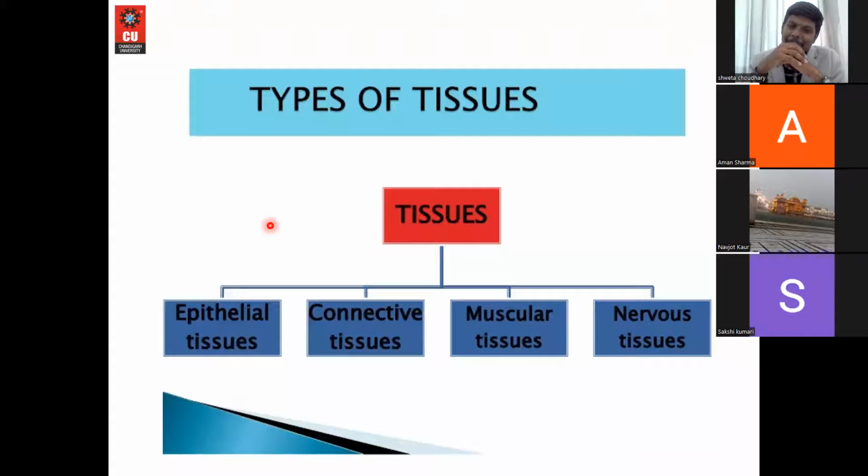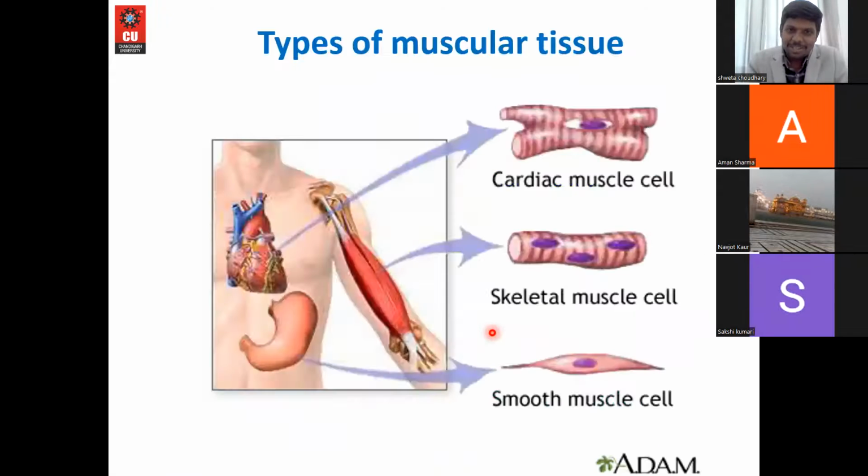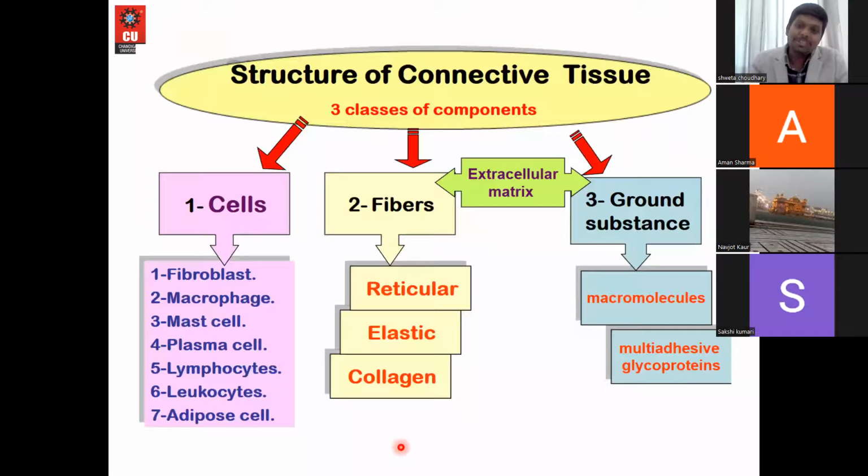The third one is the ground substance. In the ground substance you have macromolecules, like glucuronic acid, which are mucopolysaccharides. Not glucuronic acid alone, glucosamines also.